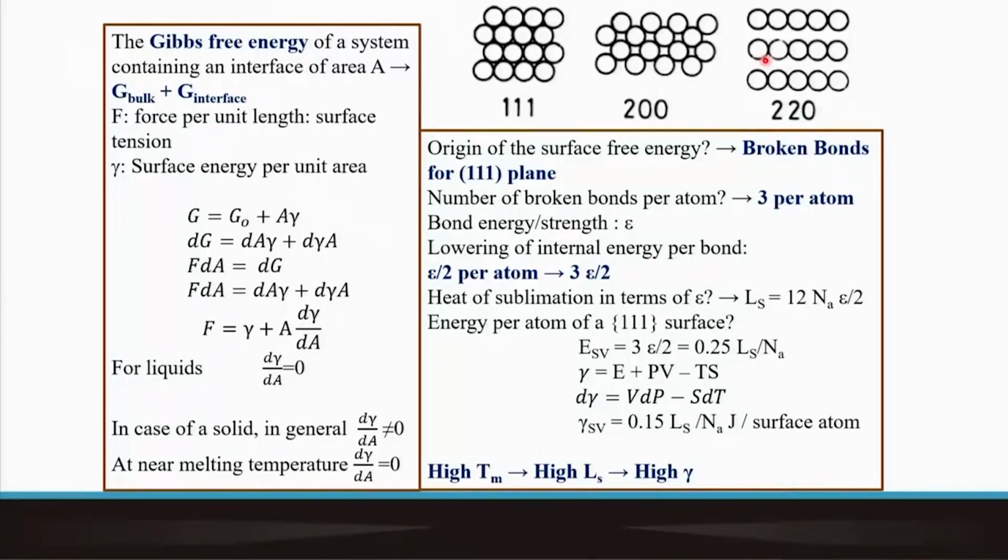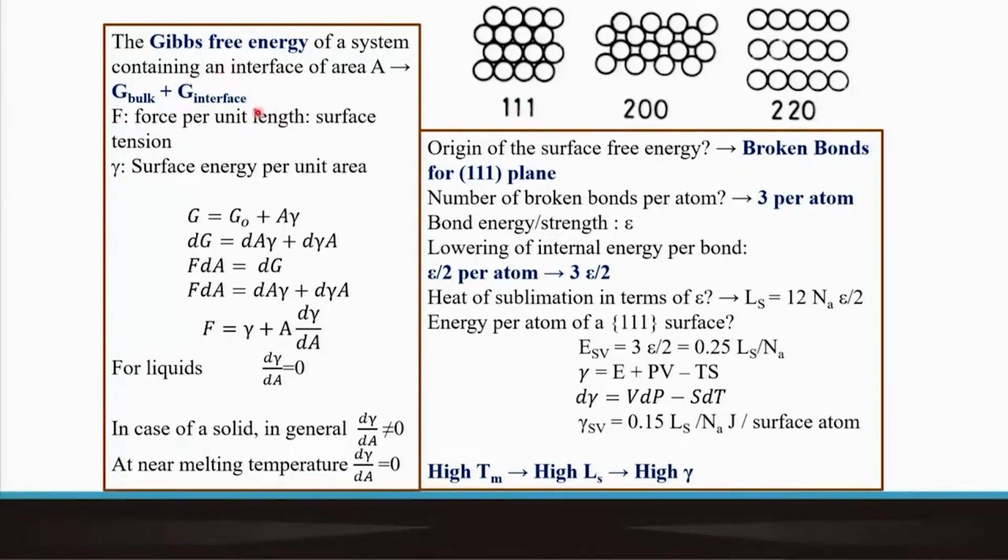So as a result, the final surface, which is manifesting on the top as the free surface, if it is 111 or 200 or 220, then we can easily make out that the accumulation of unsaturated bonds at the surface is going to be different. And if it is different, then obviously the surface energy, which is a cumulative effect along a line or over the surface area, is going to be different.